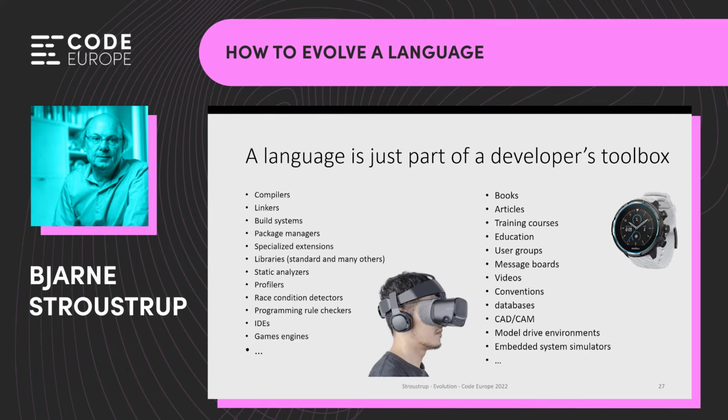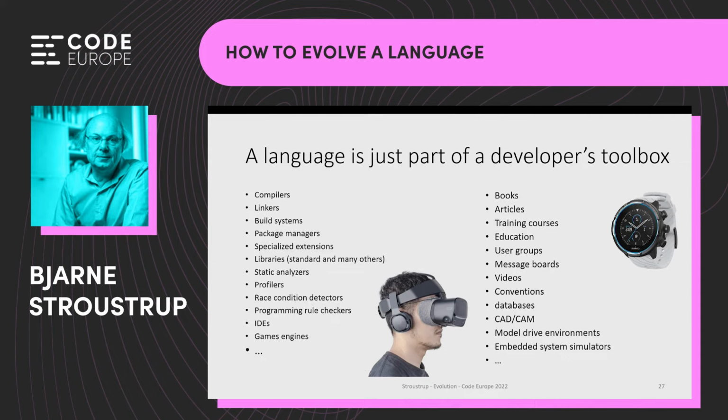Okay. So, one thing that we should remember, and especially when we talk about programming languages, is that a language is not just a definition on a piece of paper or in a file. It's a whole infrastructure of tools, libraries, IDEs, engines, books, education, user groups.